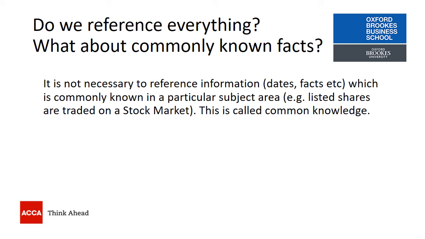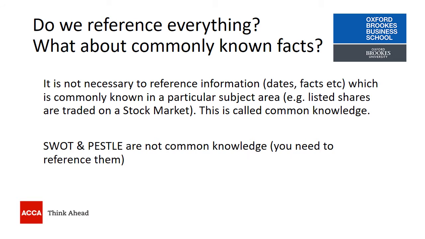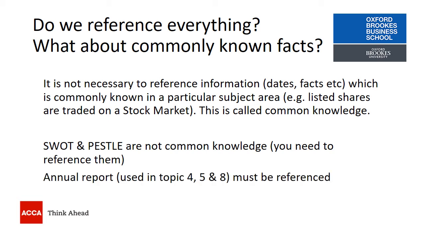There's no need to reference that type of knowledge. What we do need to reference are the models and the frameworks and the data that is coming from specific sources. So the SWOT and the PEST are not common knowledge. You do need to reference where you got that from, and the annual report also must be referenced so that people can trace that particular source.